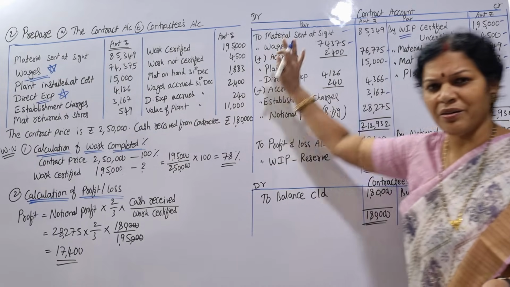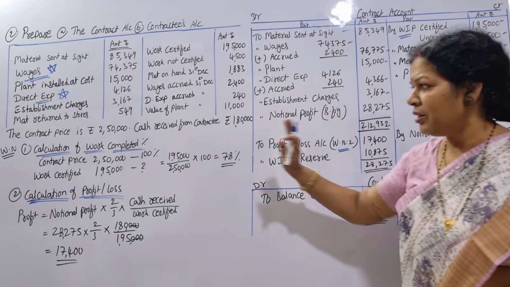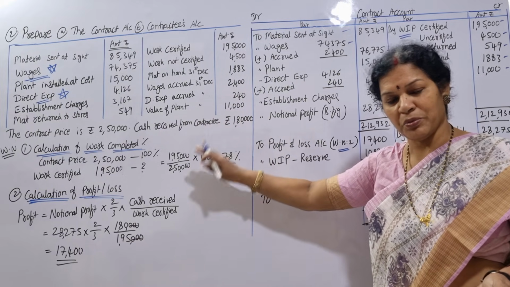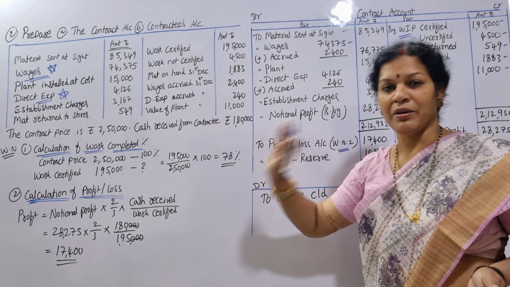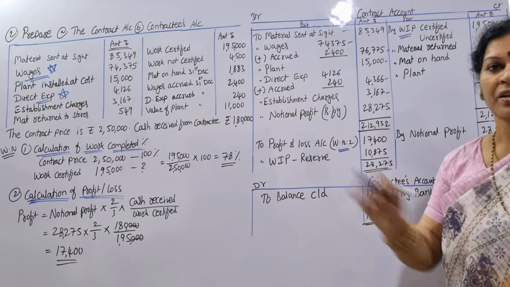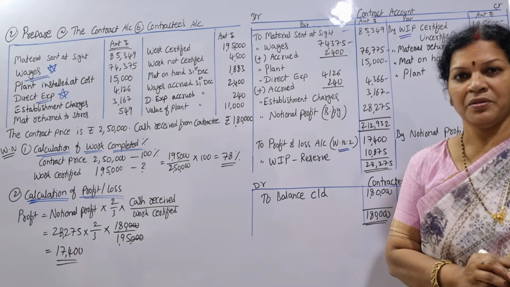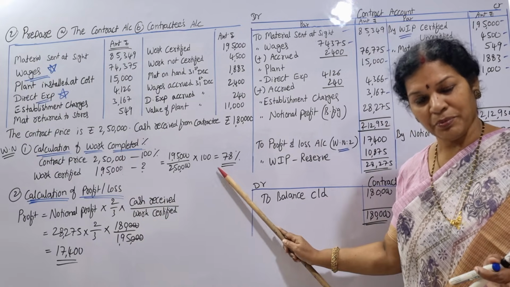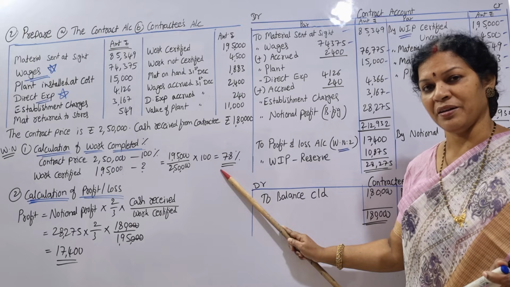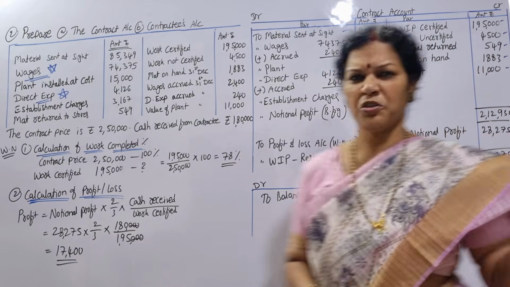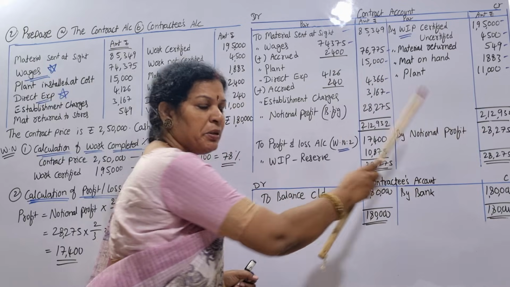Working notes 1 we are not writing anywhere, because working notes 2 is prepared based on working notes 1, but it is not shown anywhere in the contract account. We prepared it only to know whether it is 2/3 or 1/3. Notional profit is already transferred from debit to credit.